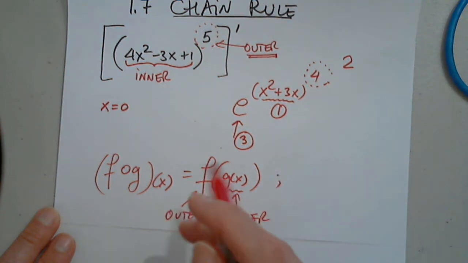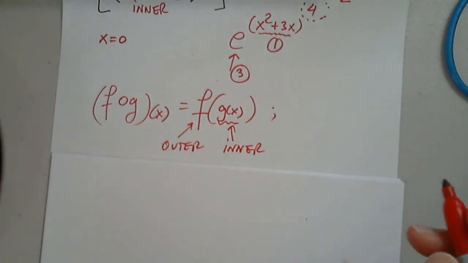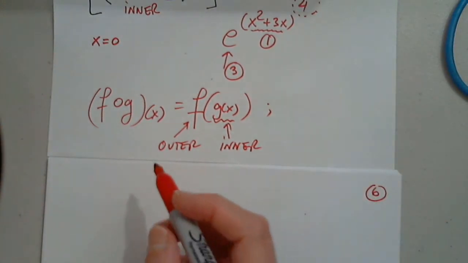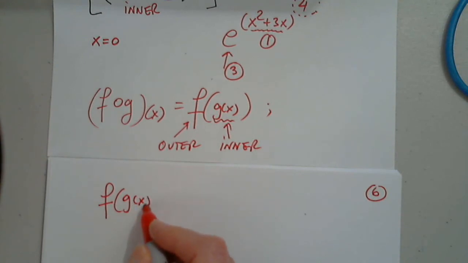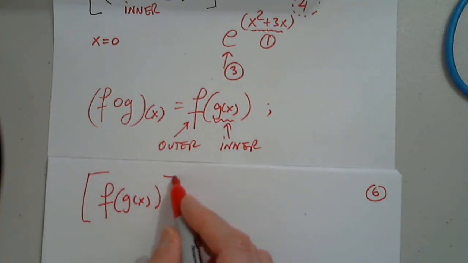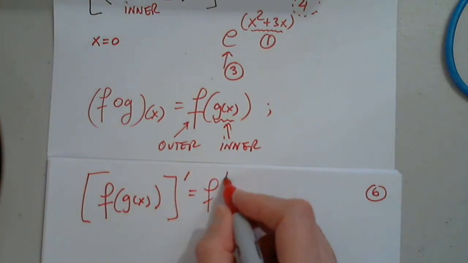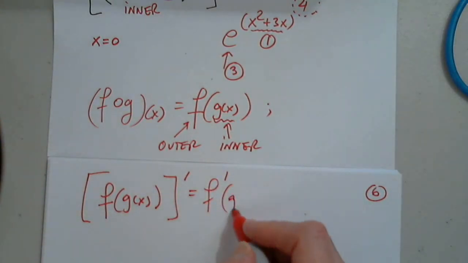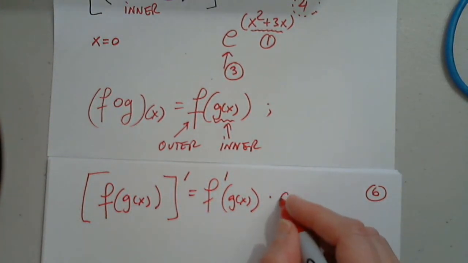So now how do we differentiate this? That's the question, and that's the chain rule. If we have a function of a function and we differentiate, we start with the outer function, f prime of this, that doesn't change, multiplied by the inner function prime.